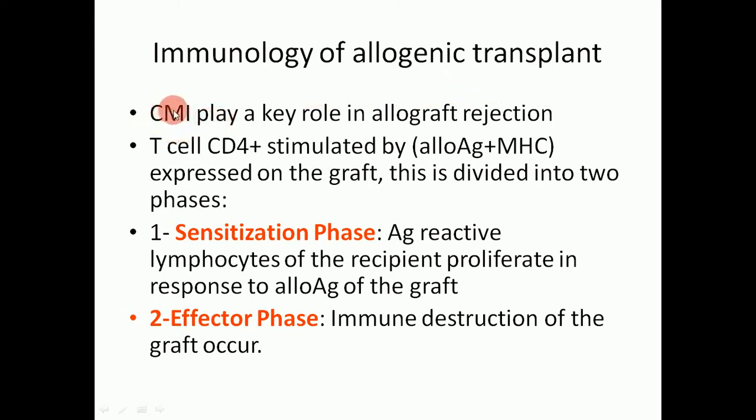First, cell-mediated immunity. The part of the immune system which is responsible for the rejection is cell immunity, and the important cell is the CD4 plus T cell, which is stimulated due to exposure to the allo-antigen from the donor plus the MHC.